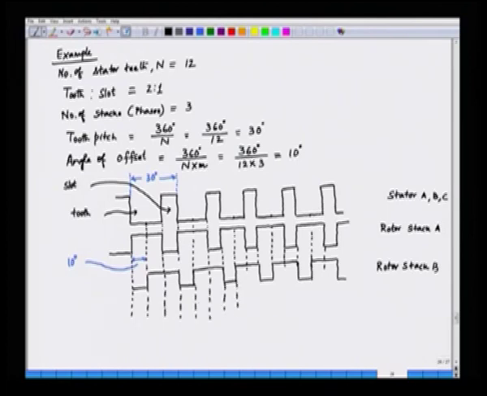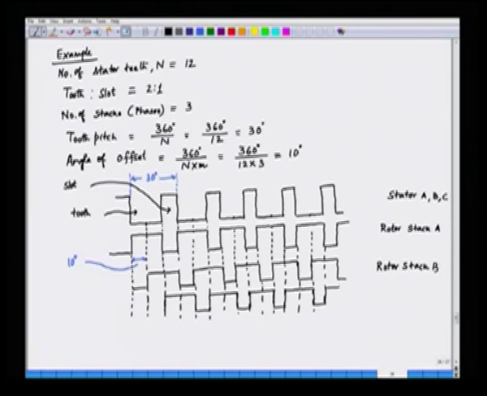These are the lines which will help us draw the next rotor stack. Stack C is shifted from stack B by again 10 degrees. So, this is stack C, we have the tooth and then the slot, the tooth and then the slot, tooth and the slot in the following fashion.